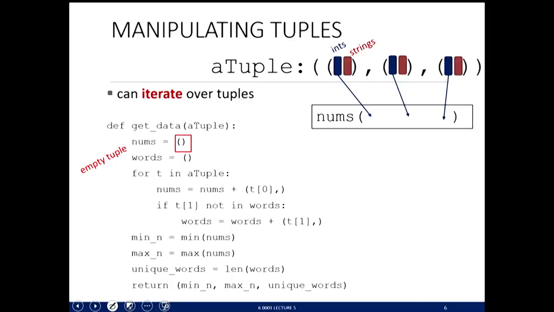And each time through the loop, I'm looking at what the previous value of nums was. So what was my previous tuple? And I'm going to add it with this singleton tuple. So it's a tuple of one element.